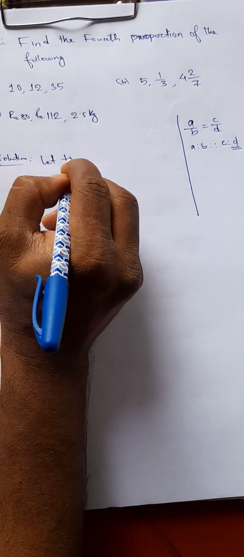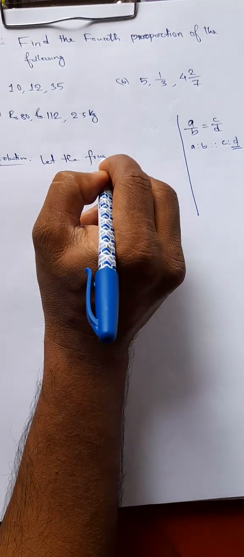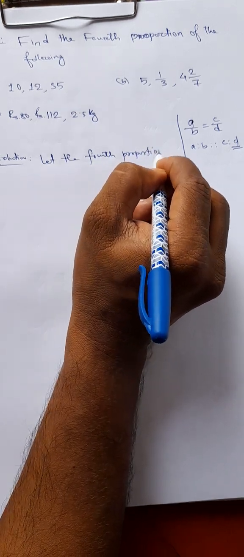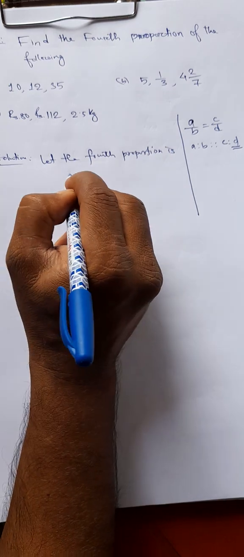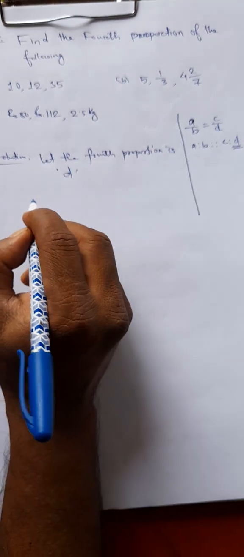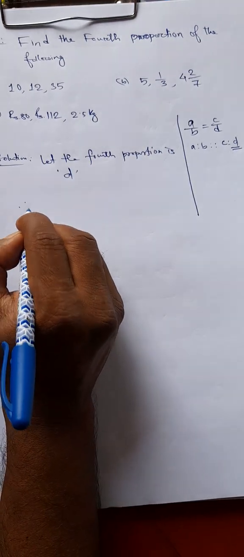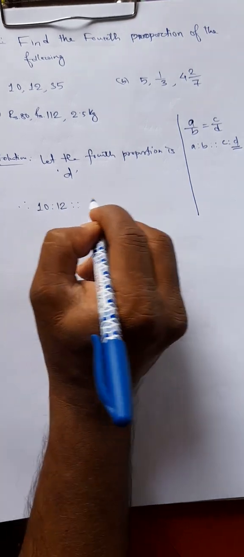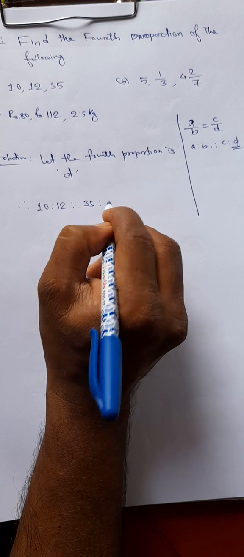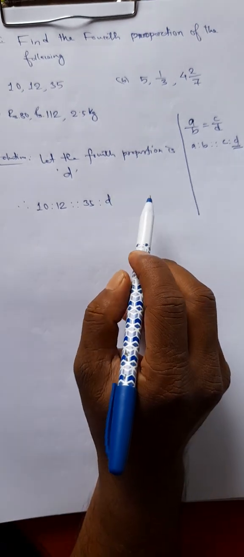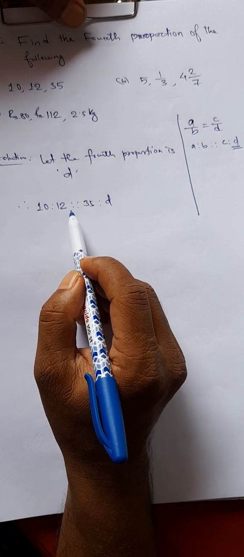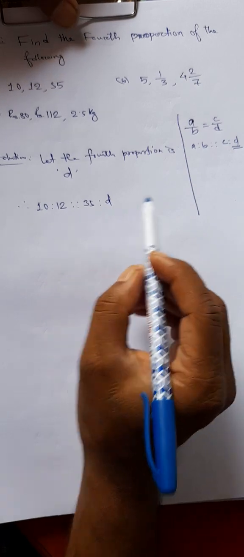So let the fourth proportion be D, suppose D. Therefore 10 is to 12 proportional to 35 is to D. If four quantities A, B, C, D are in proportion, we can write A is to B proportional to C is to D. Now we have to find D.